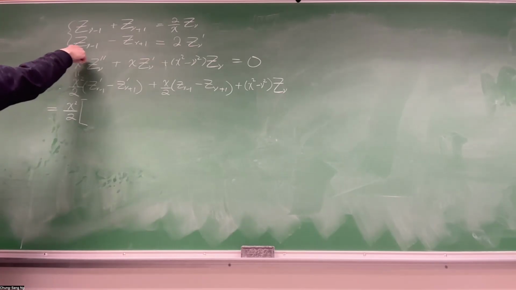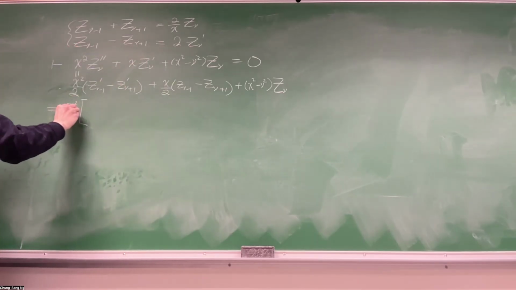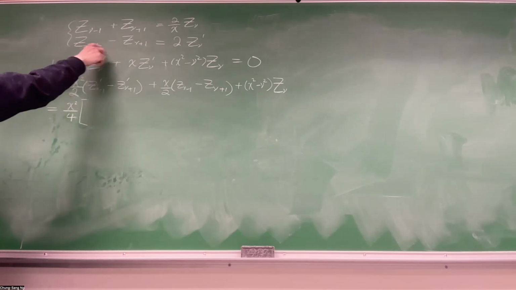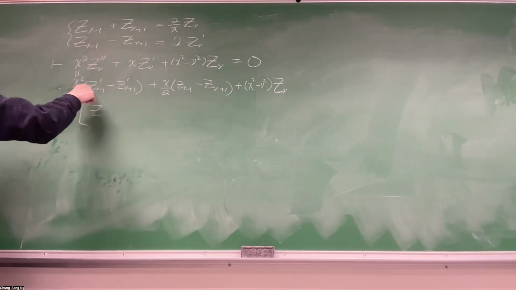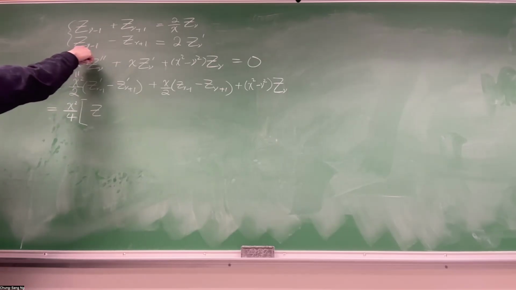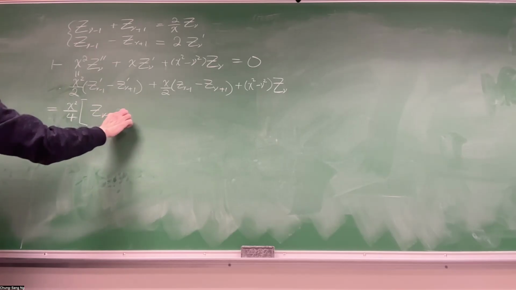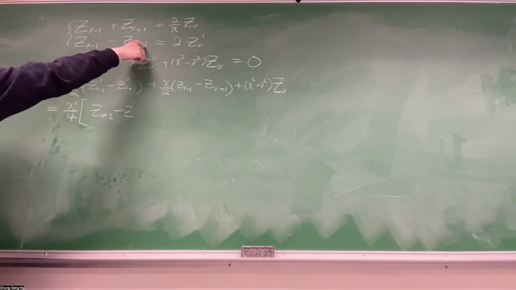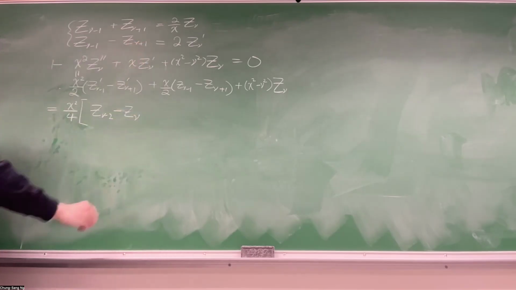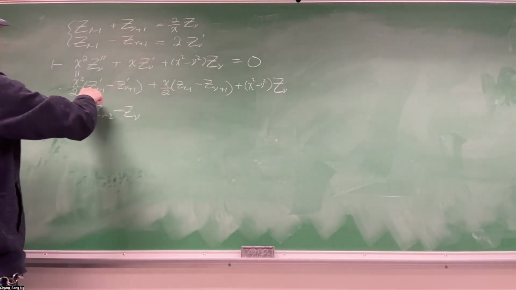So first you divide by 2, another factor of 2, so a factor of 4. And then each one is shifted. So for this one, nu becomes nu minus 1, this becomes nu minus 2. And the second one, nu is nu minus 1, nu minus 1 plus 1 is just nu. Okay, so that's the first one, this one.